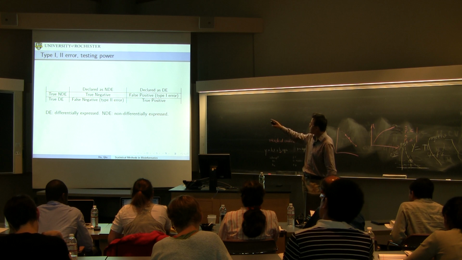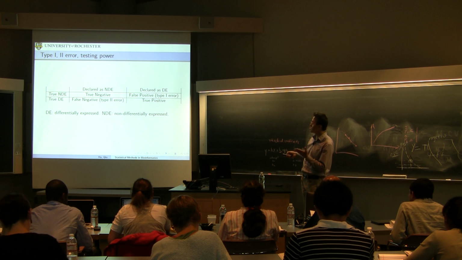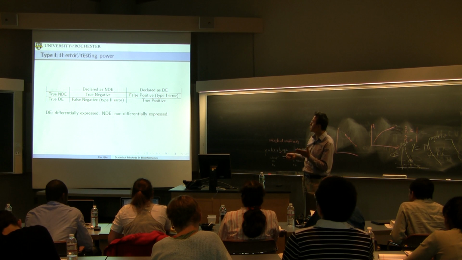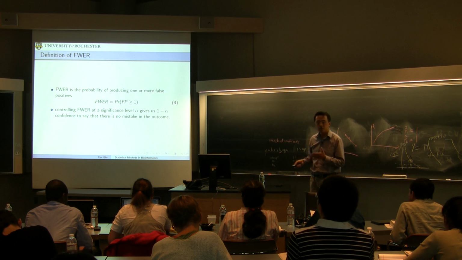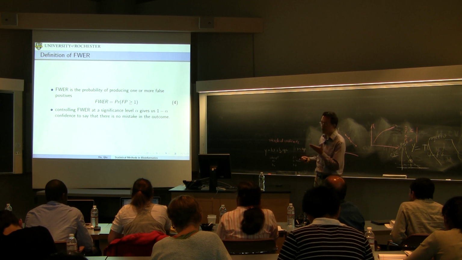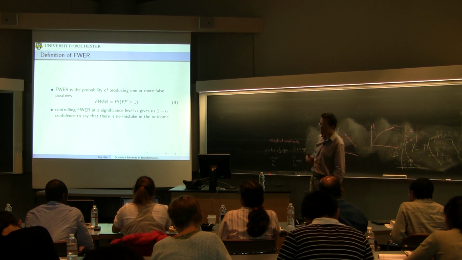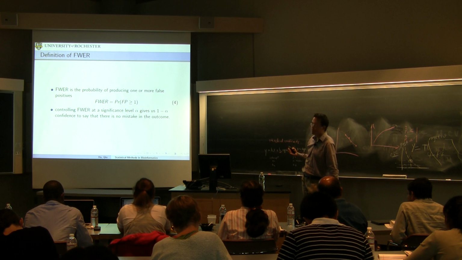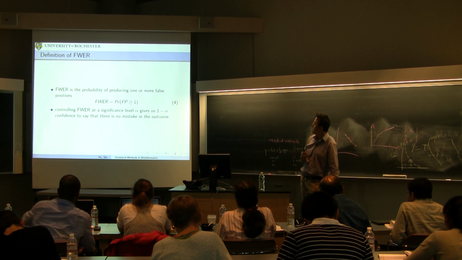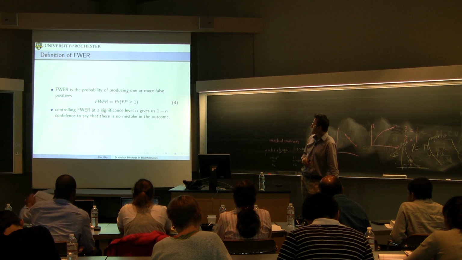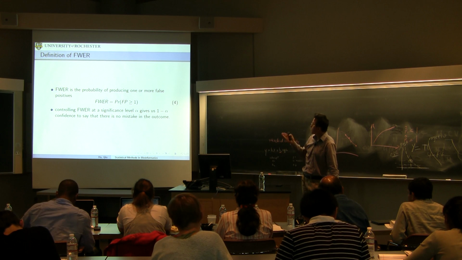So again, let's focus on the false positive, how to control it. To control it, we have to define different so-called error rates. The first is the family-wise error rate, FWER. It's defined as the probability that there is at least one false positive. This is only a probability.